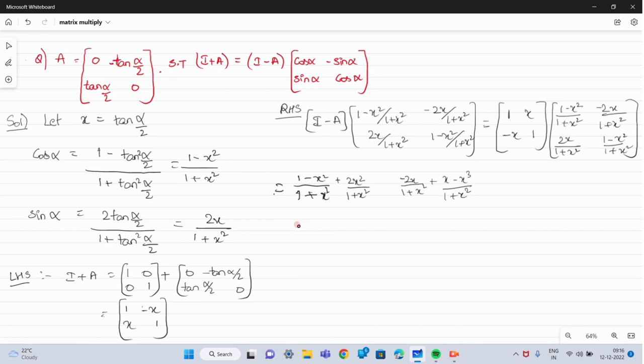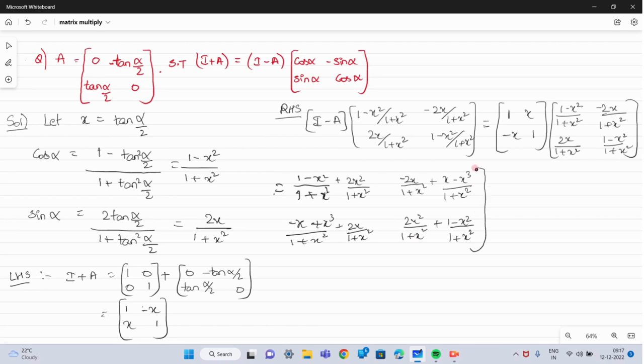Now multiply the second row, minus x plus x cube over 1 plus x square plus 2x over 1 plus x square, and next 2x square over 1 plus x square plus 1 minus x square over 1 plus x square.